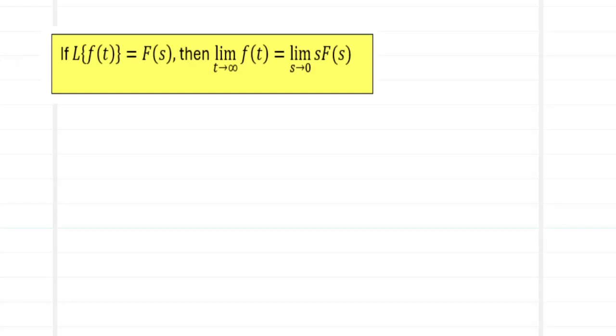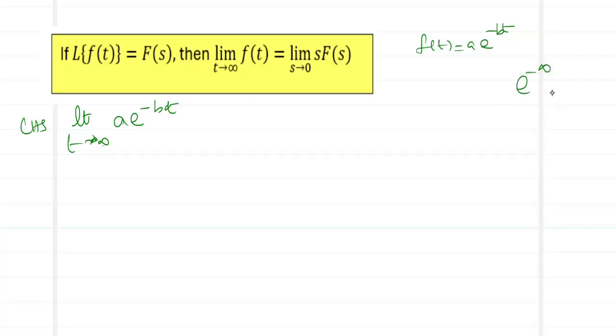Let us verify the LHS: the limit as t tends to infinity of f(t), which is a e^(-bt). As t tends to infinity, we have e to the power of minus infinity, which moves towards 0. So a times 0 makes it 0. My left hand side is obtained as 0.